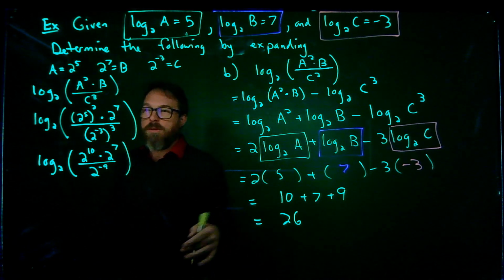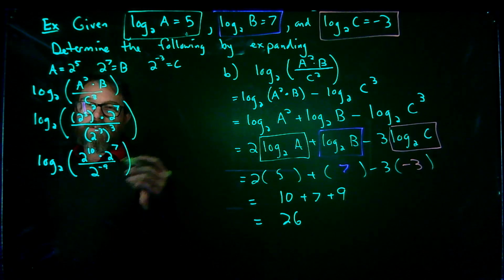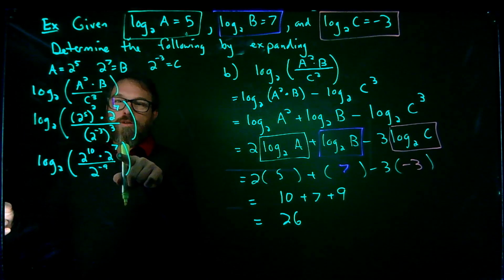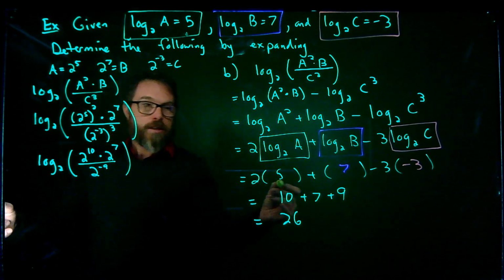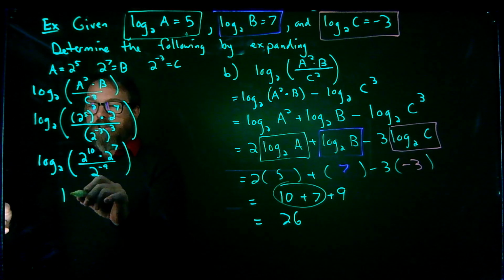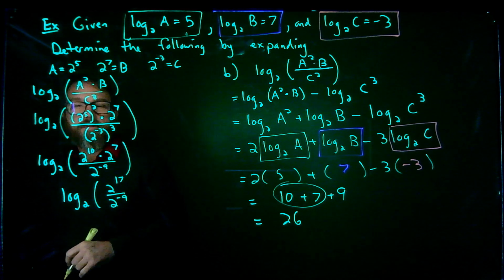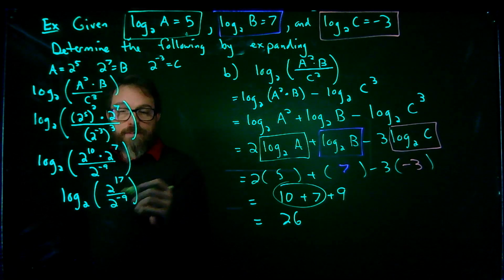Now let's do the multiplication first, and then we'll do the division last. So 2 to the 10th times 2 to the 7th is going to be 2 to the 17th. So this is the log base 2 of 2 to the 17th, all over 2 to the minus 9. Now when you divide, you're going to have to subtract the power.